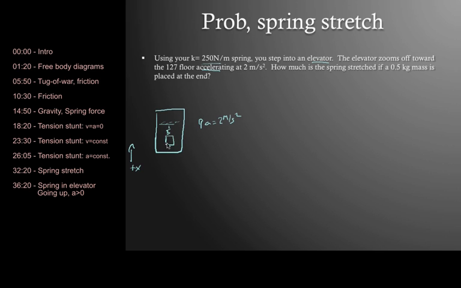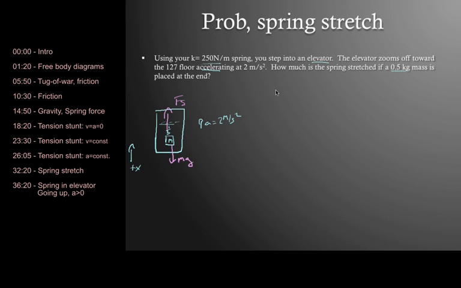mass. So how much is the spring stretched if we place this 0.5 kilogram mass on it? So what are my forces that I have? Let me just change this. So here I have mg down, I have my spring force up, and I've shown a.